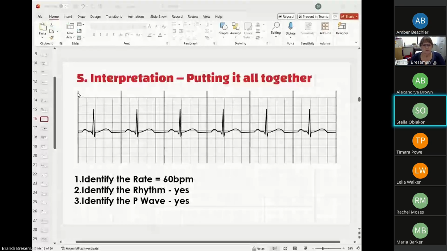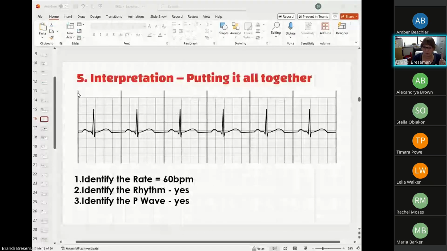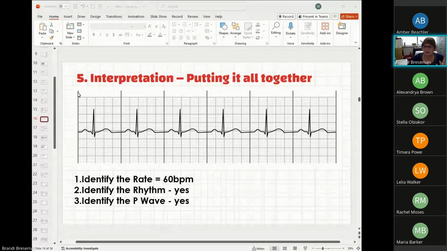Okay. So we have identified our rate. It's 60 beats per minute. We have a regular rhythm and we have an upright P wave in front of every QRS. Everybody with me so far? Anybody need me to go back over?